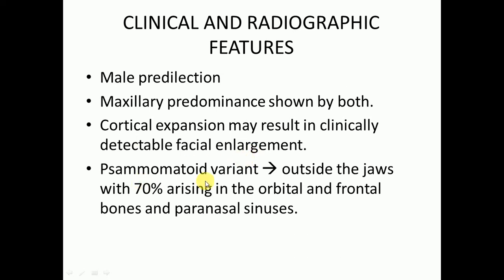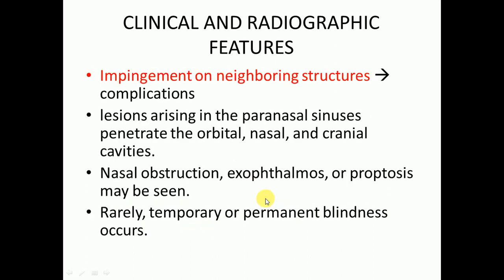The psammomatoid variant is most commonly found outside the jaws, with 70% arising in the orbital and frontal bones and paranasal sinuses. One characteristic of juvenile ossifying fibroma is that it causes impingement on the neighboring structures, due to which there can be complications.